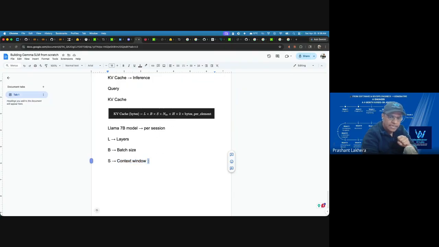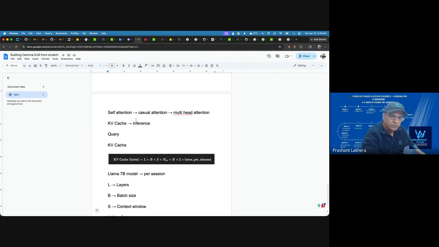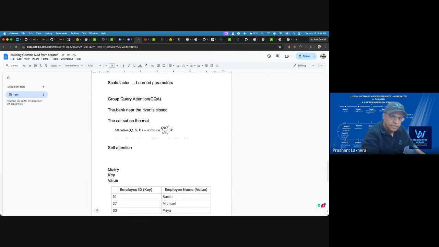Then we have NKV. This is the most important parameter, and it determines how many heads we have split into. For example, in our use case, let's say we split into 2 heads. One head is going to capture whether it's a financial institution. The other head is going to capture whether it's a river bank or not.